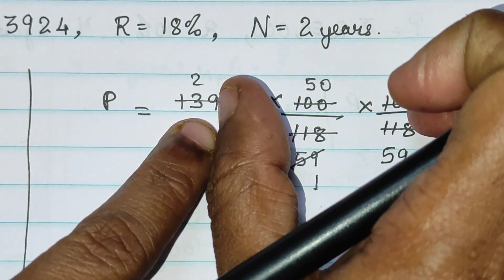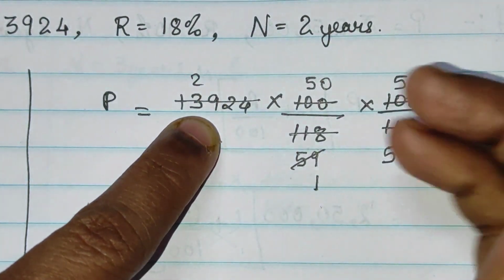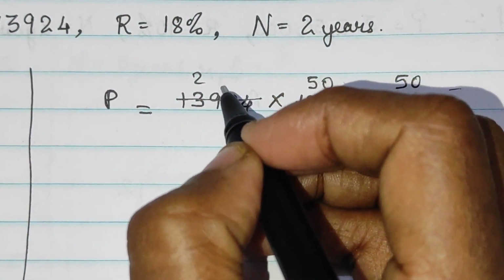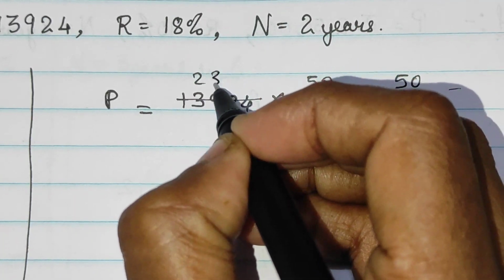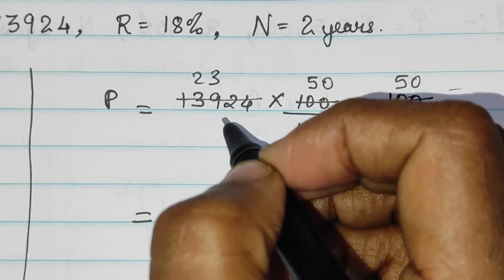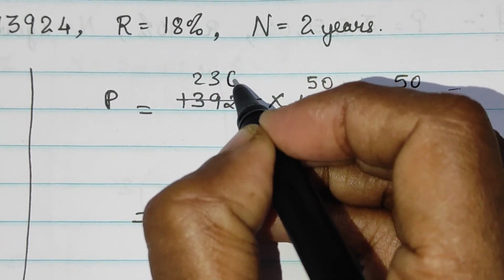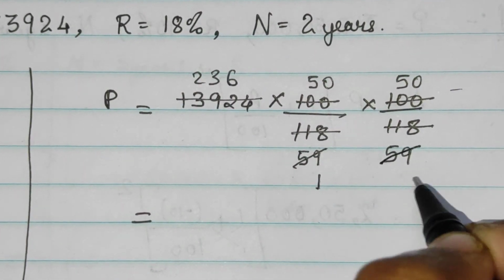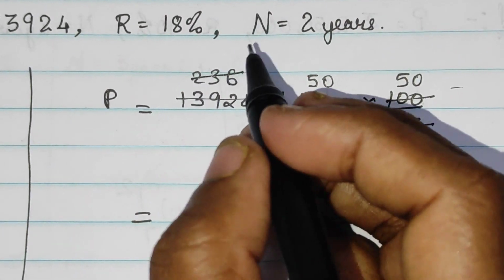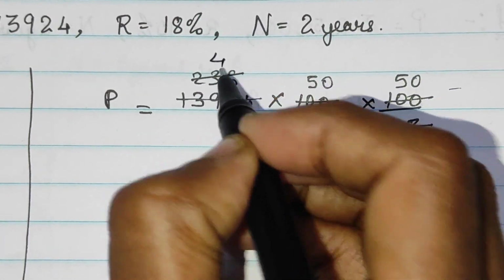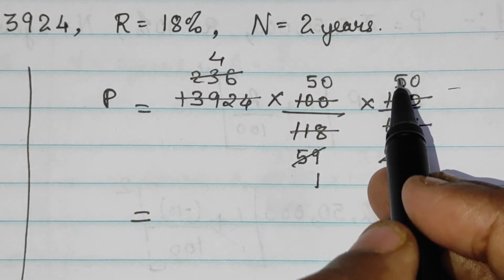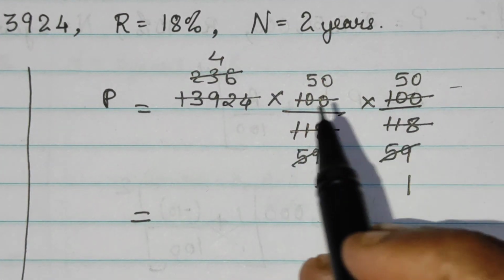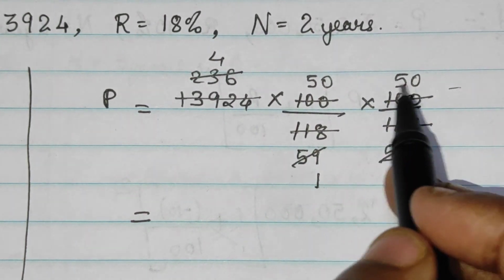So 139 minus 118 we will get, then remaining 2 into 36 117, then remaining we will take 2 into 6 354. So now 59 ones are and directly 59 fours are. So now 5 5s are 25 and 25 fours are 100. So 100 and these two zeros.